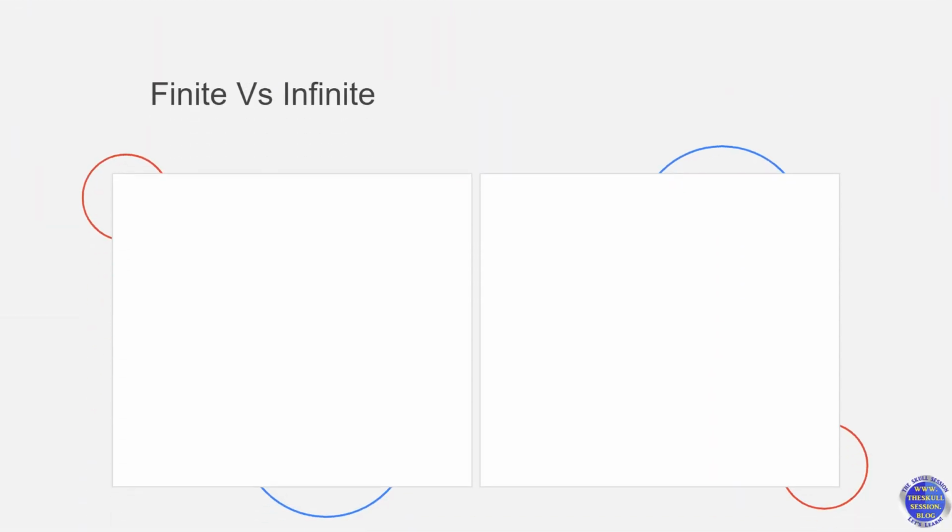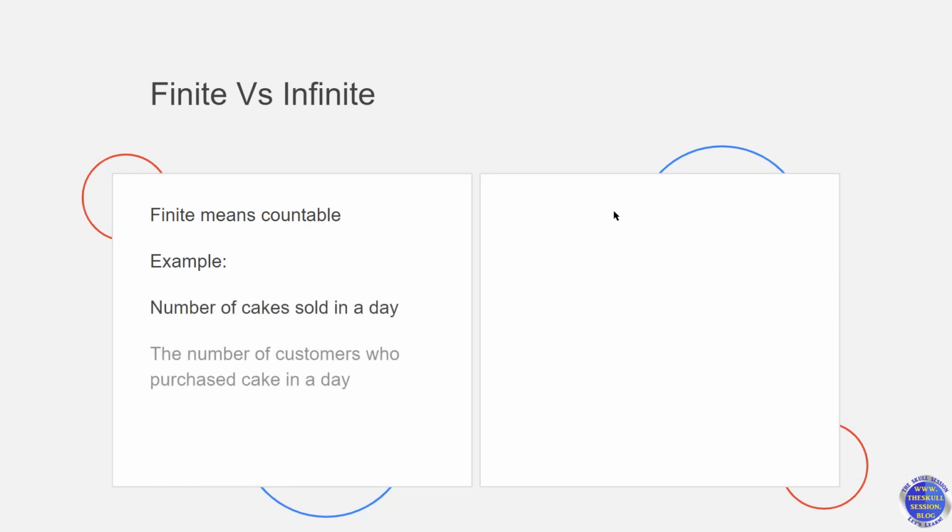Another important concept related to sampling is finite and infinite. Finite means countable. For example, the number of cakes sold in a day, the number of customers who purchased a cake in a day, all these are countable.